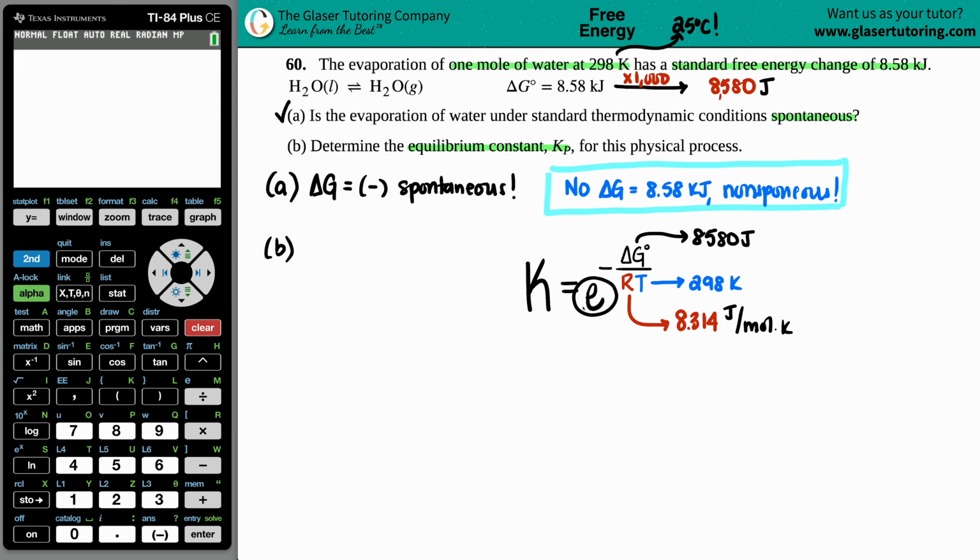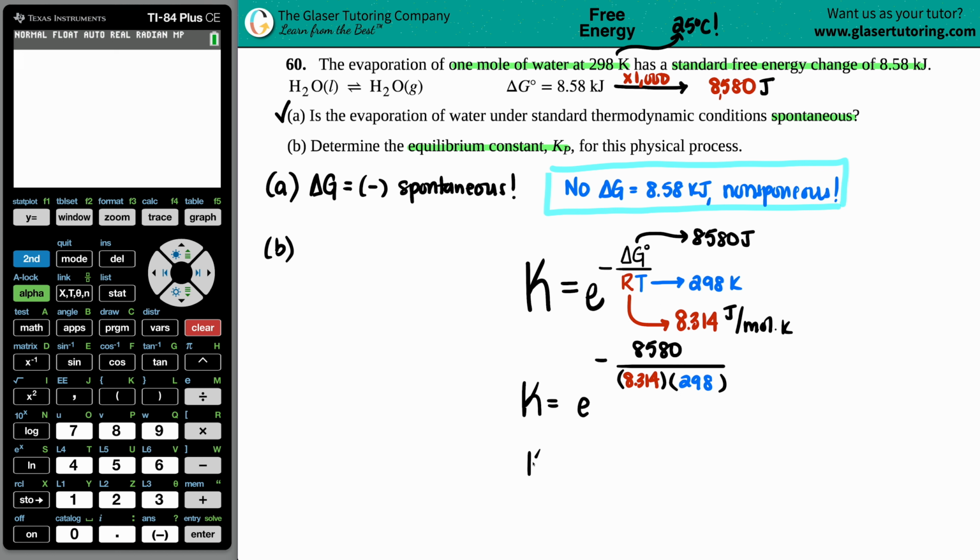The e on the calculator, and I'm just going to solve for K. So K equals e raised to the negative fraction. We got 8,580, all divided by the 2 values. Here's 8.314. And then here's my temperature, 298.